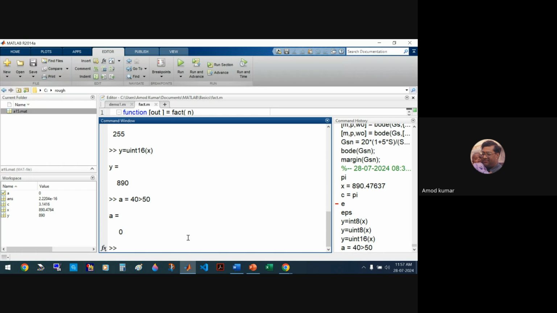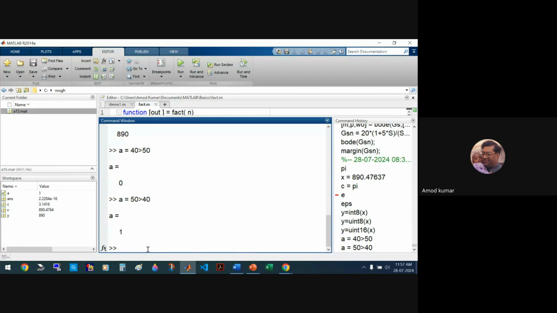If you do the reverse way, that means you ask whether 50 is greater than 40, and then I am executing. Now A has got the value 1, because it is true. So 50 is greater than 40. Okay, so this is a kind of logical step.